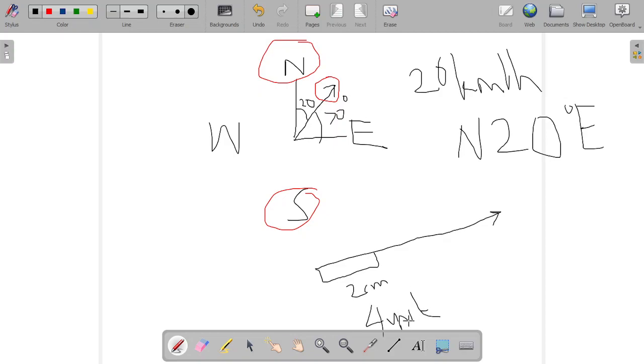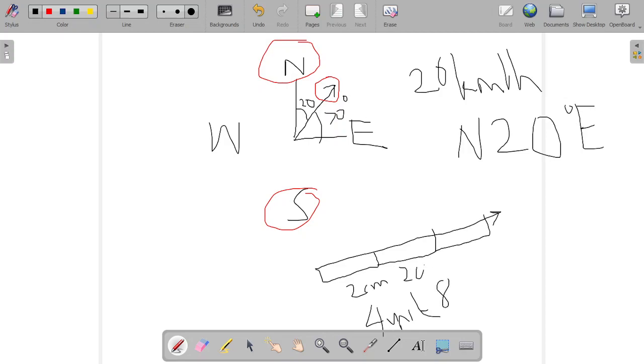Let's assume we are representing 20 kilometers in this form. We are representing it with a vector. You can decide to say, okay, every 2 centimeters is 4 units, and we are trying to get 20 units here. After another 2 centimeters gives what? 8 units. So we find a way to trace it.